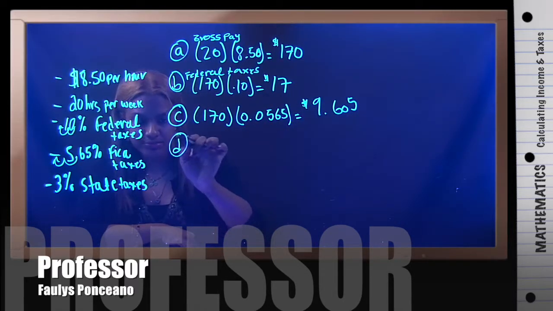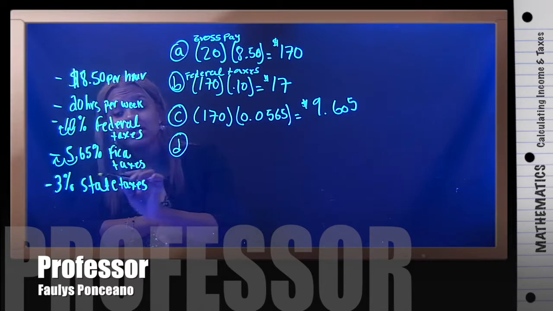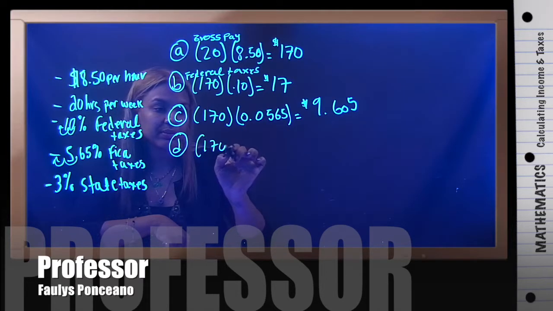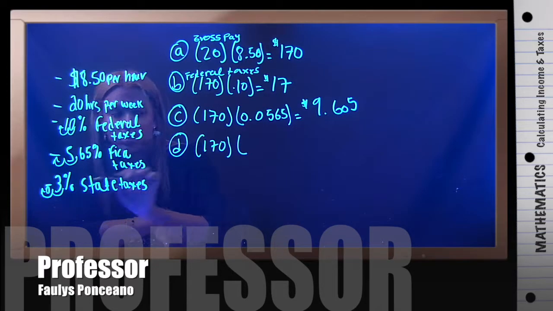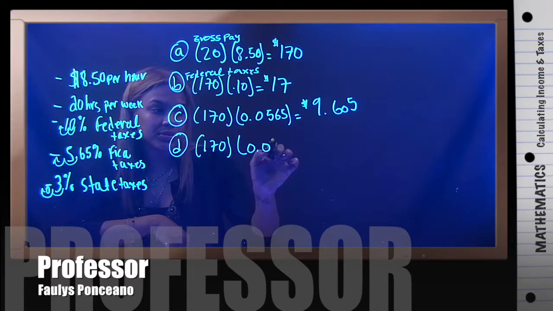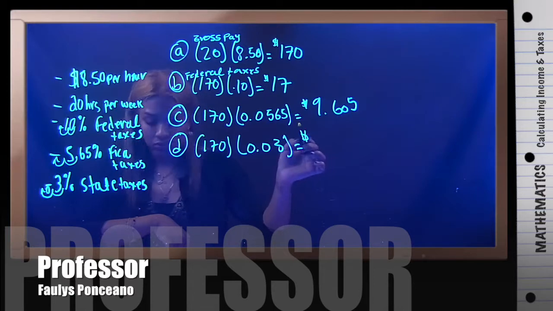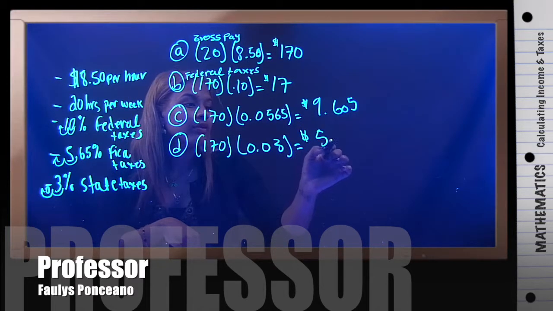Part D. It says how much is withheld for state taxes. State taxes, they withheld 3%, so we go 170 times, move the decimal, it's always at the end, 1 and 2, 0.03. And that gives you $5.10.